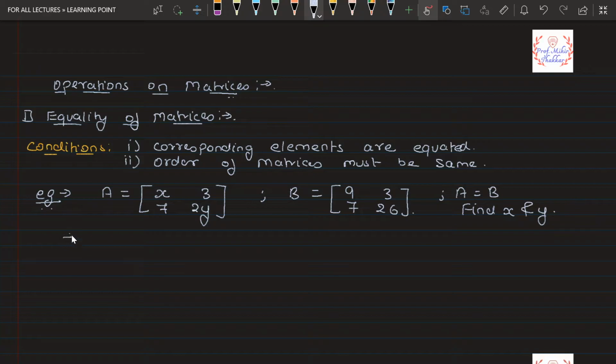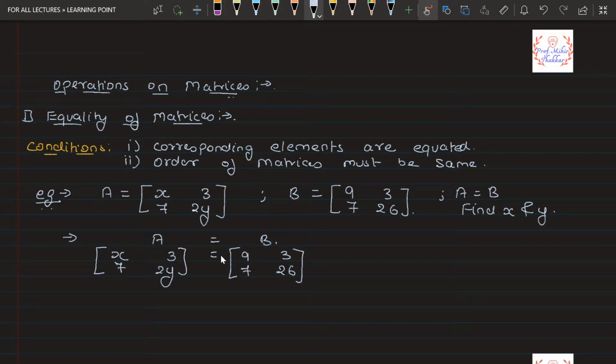So in such a case, we start with the given condition, which is A is equal to B. We substitute the values of the given matrices, x, 3, 7 and 2y to be equal to 9, 3, 7 and 26.